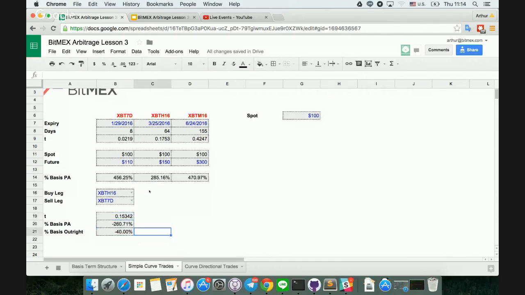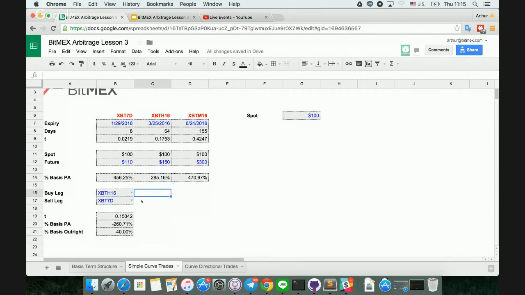And as you see here, you're actually going to lose money on an outright basis on this trade. So even though these percentage basis terms are in your favor, this has greater time value. Remember the R times T, which will affect this trade.